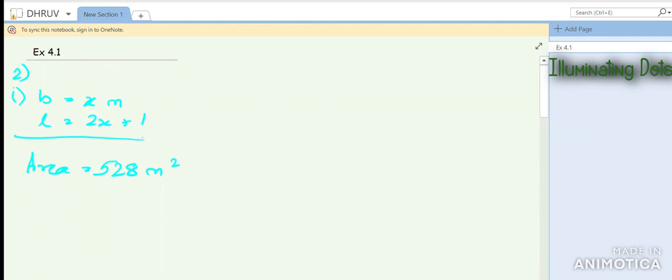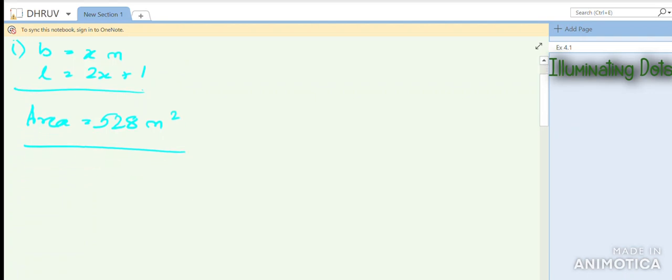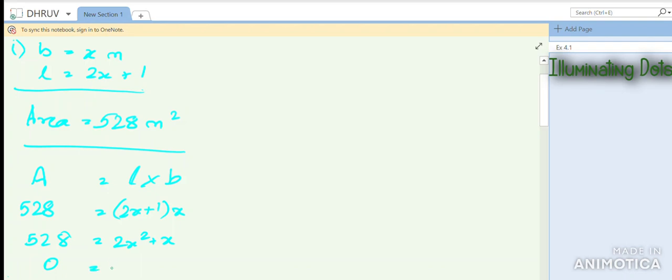We know that area of rectangle is equal to length into breadth, so area is equal to L into B. So 528 is equal to 2x plus 1 times x, that is 2x square plus x. So 0 is equal to 2x square plus x minus 528. So this is completed here.